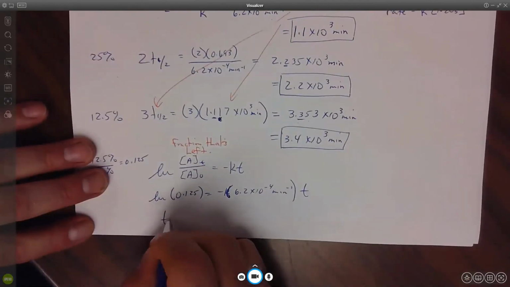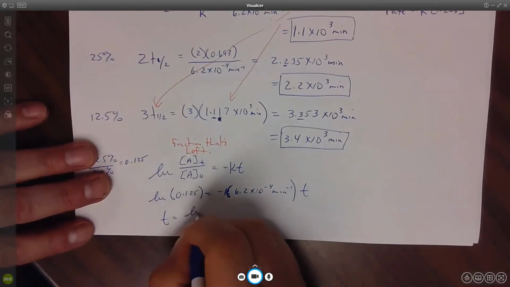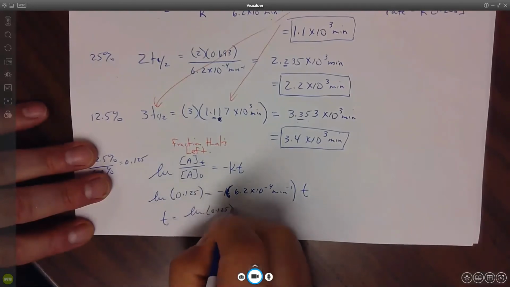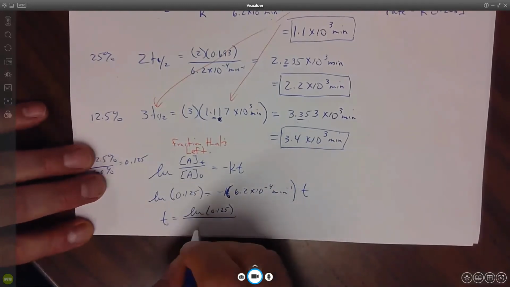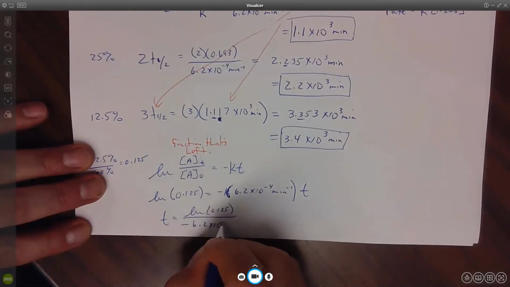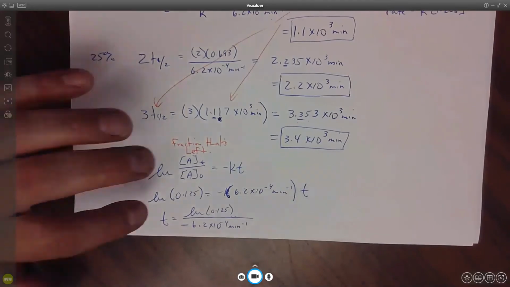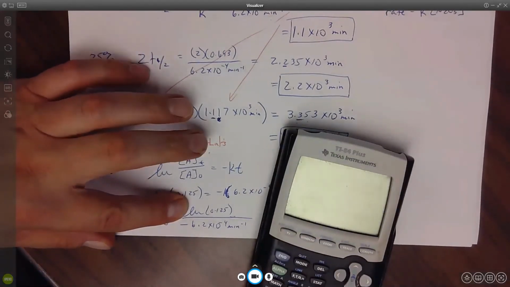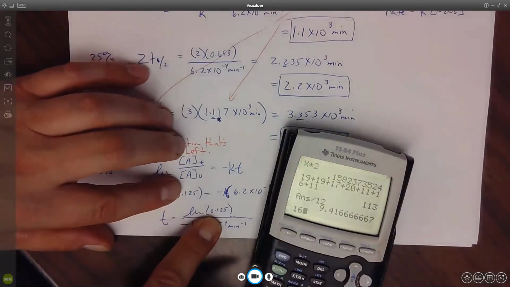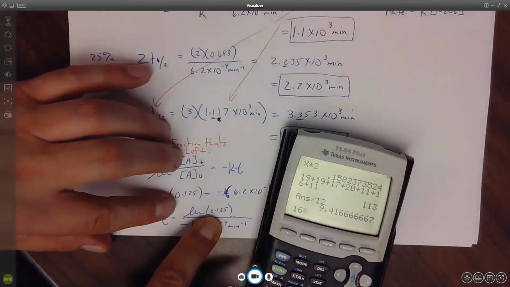So t then is simply going to equal the ln of 0.125 over negative 6.2 times 10 to the negative 4 per minute. Now this number here is negative. When it's less than 1, it's going to be negative. When it's greater than 1, it'll be a positive number.